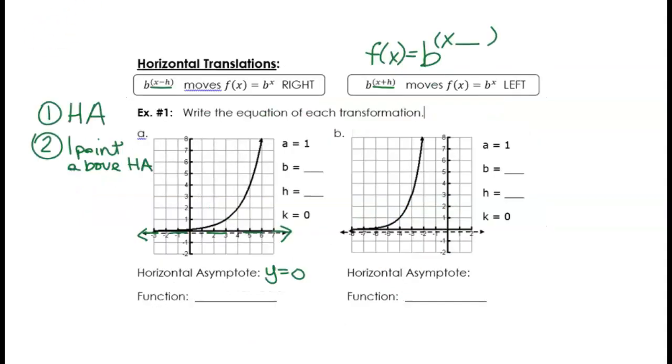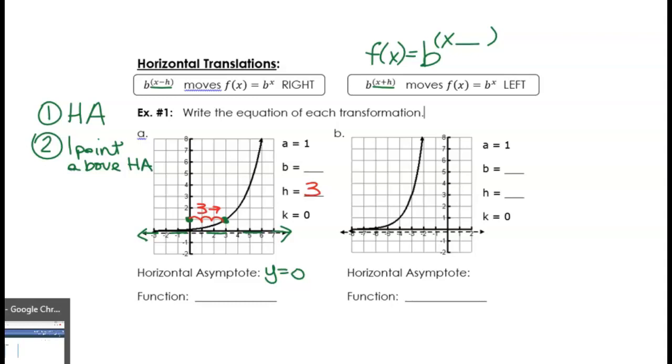We're going to look for the point that's 1 above the asymptote. Right here, correct? It should have been at 0, 1, but now it's over here at 3, 1. So how many places did it move? 1, 2, 3 to the right, which means that the h value is 3. I agree with you.